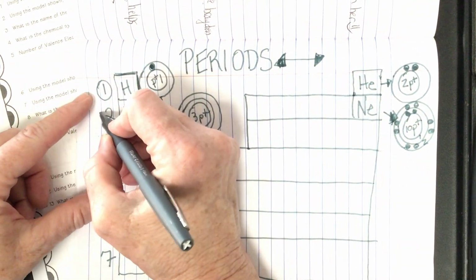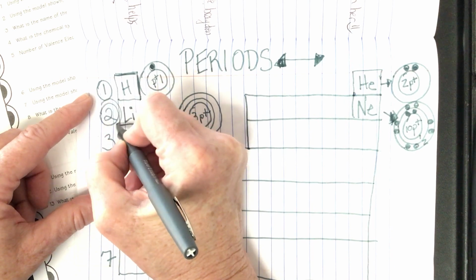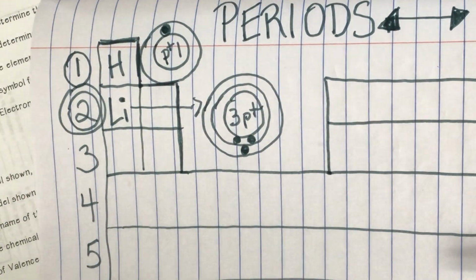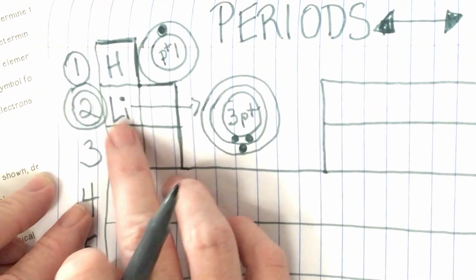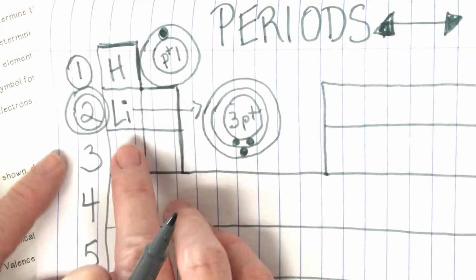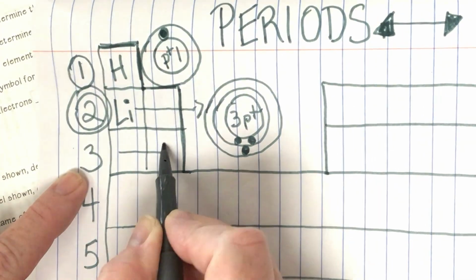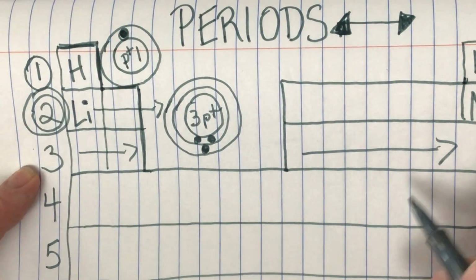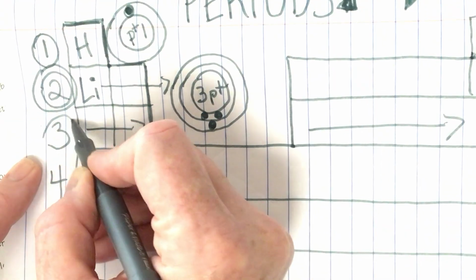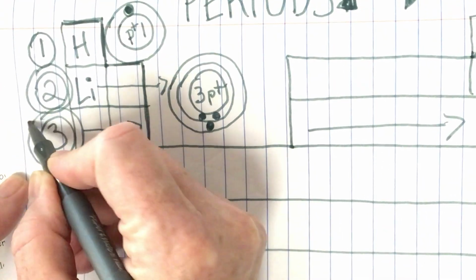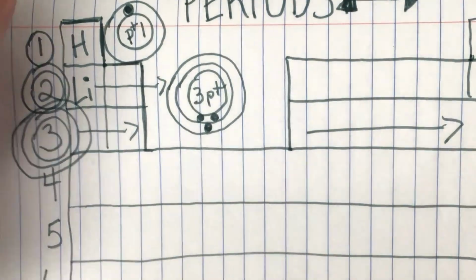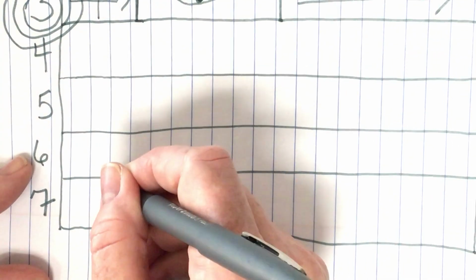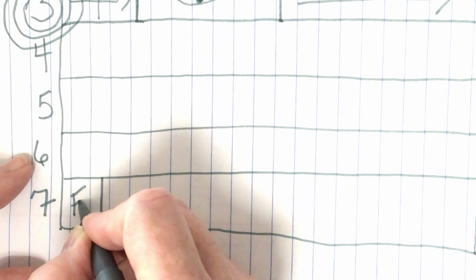So what I would do is, on my periodic table, I would circle the number 2 twice to indicate every element on that period has 2 energy levels. Okay, we're not going to draw a Bohr model of this one, which would be sodium, but we know that every element on period 3 has how many energy levels? 1, 2, 3.